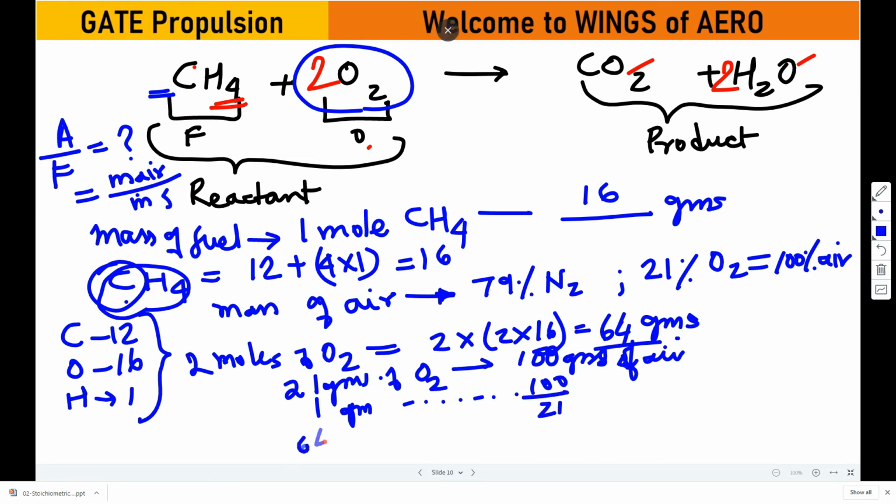Then for 64 grams, because here we require 64, we get 100 by 21 into 64.